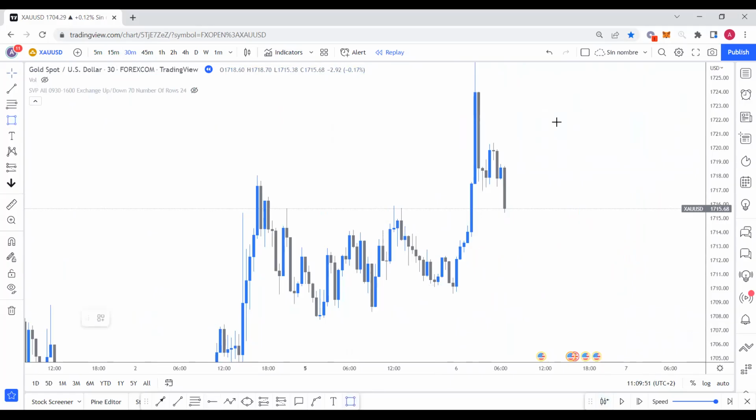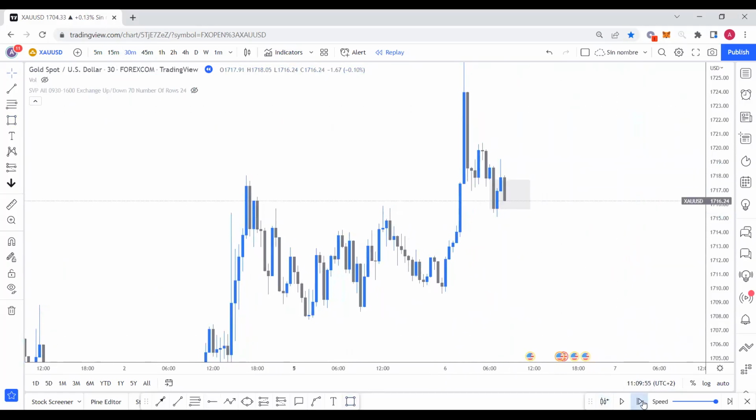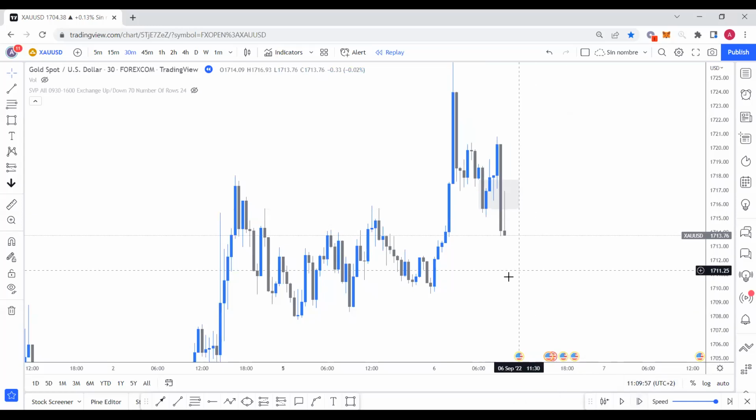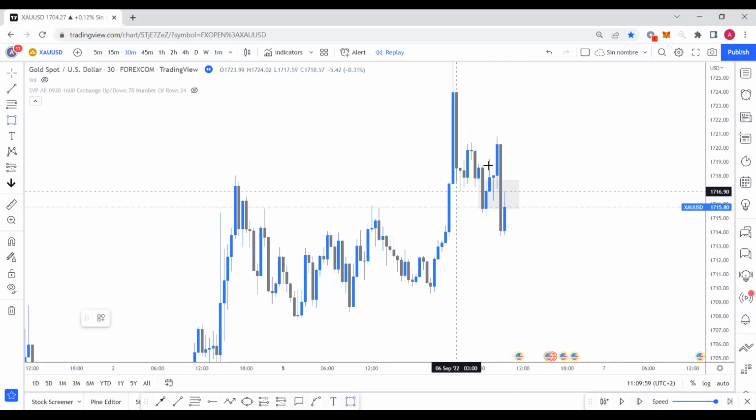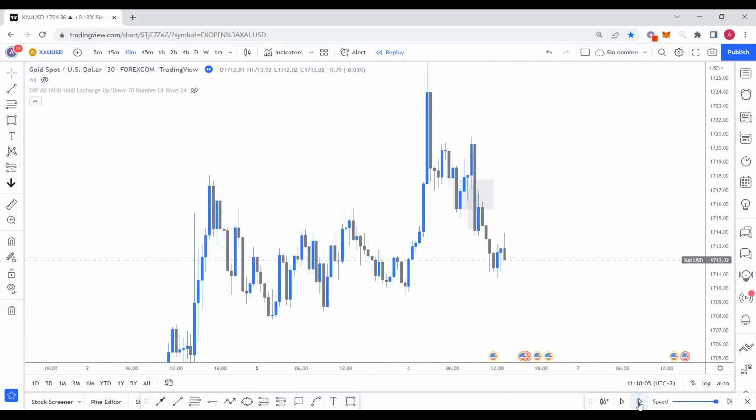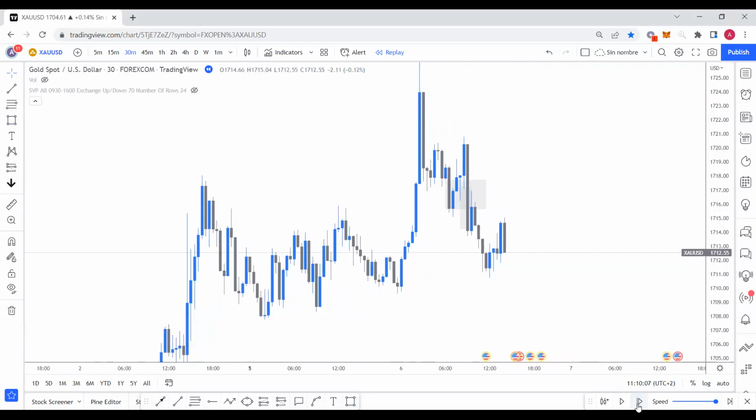Price was creating imbalances and mitigating them. This one is mitigated. Boom, here it created another imbalance right there, and it has already been mitigated. Price is up, it's just mitigating absolutely everything.